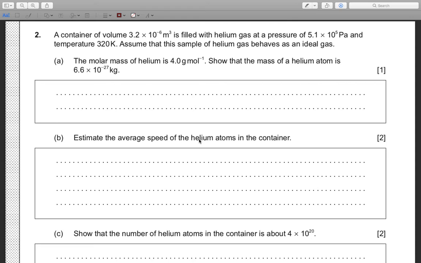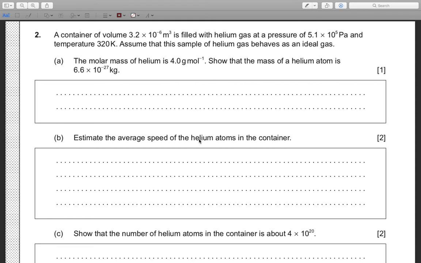Okay, we continue with question two. A container of volume 3.2 times 10 to the power of minus 6 meter cubed is filled with helium gas at a pressure of 5.1 times 10 to the power 5 Pascal and at a temperature of 320 Kelvin.